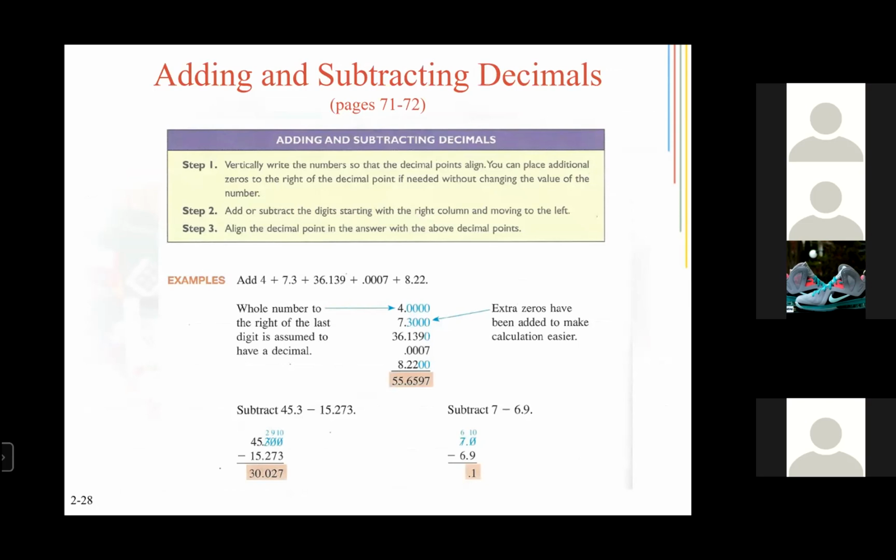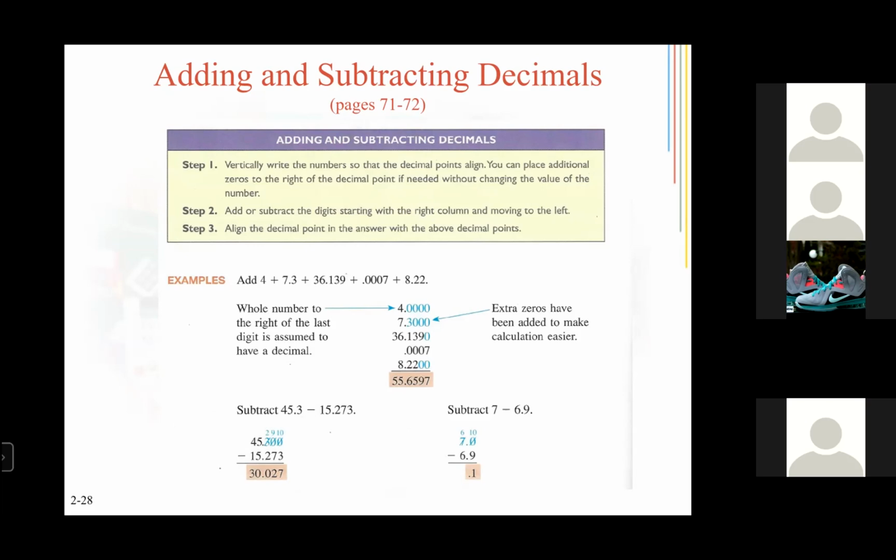What do you notice? First, the decimal points must line up. And to aid in making sure the numbers are lined up according to their place, what do you notice them doing? They added zeros.